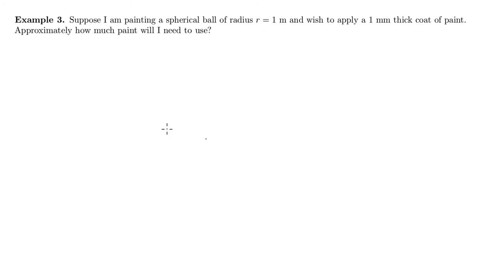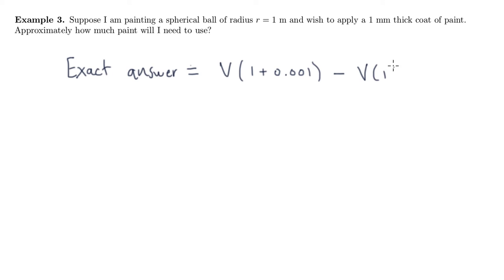Okay, so I'll tell you that the exact answer is the following: V of 1 plus 0.001 minus V of 1, where V of r is 4/3 pi r cubed.